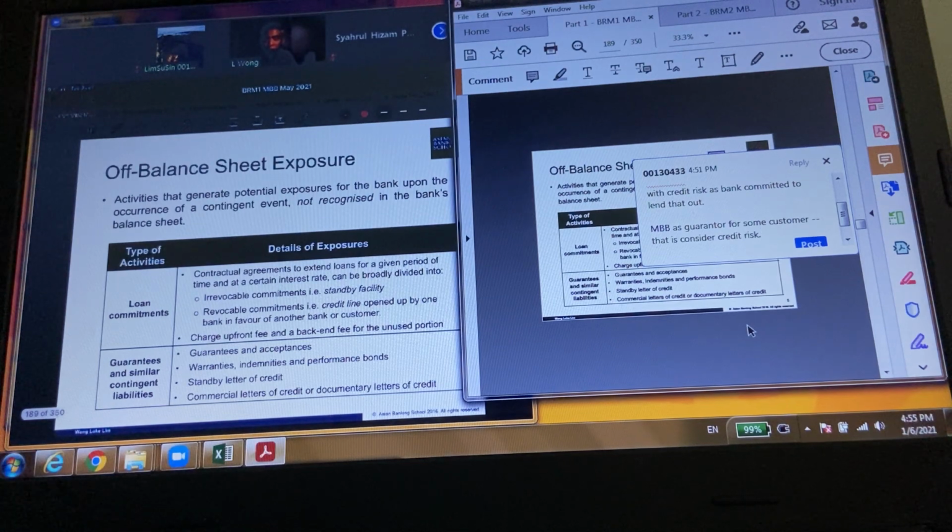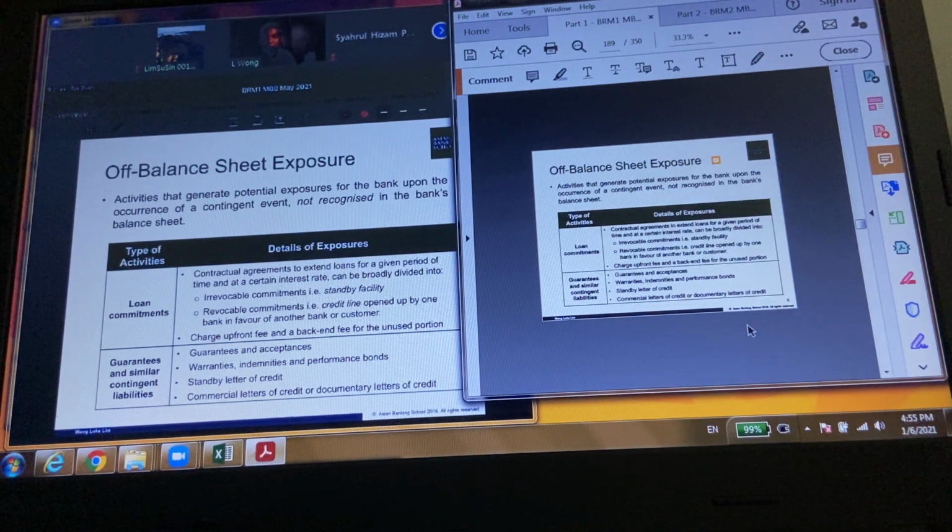That is what I call guarantee. But the question is how much? In terms of risk management, the next question you ask is, would it happen? If it happens, how much do we need to pay? We don't know, because this loan commitment and guarantee will only happen in the future, not today.